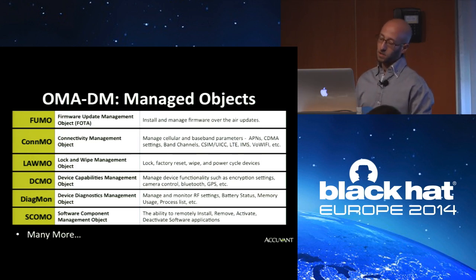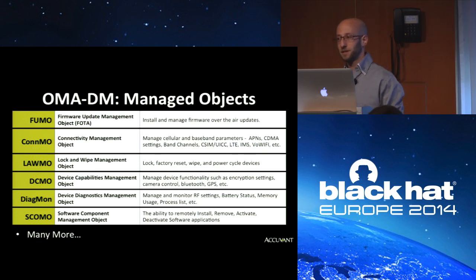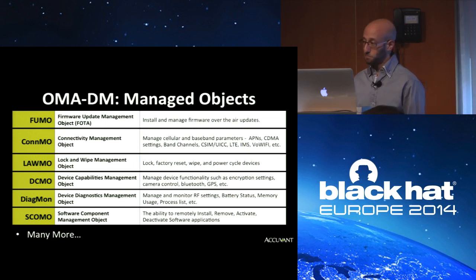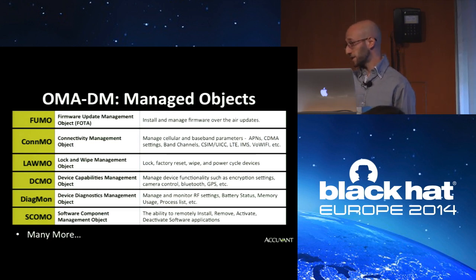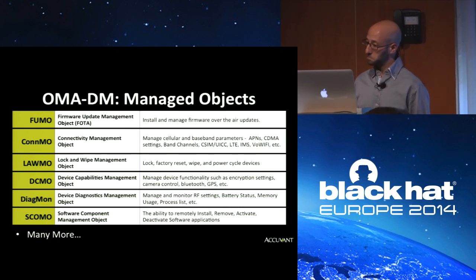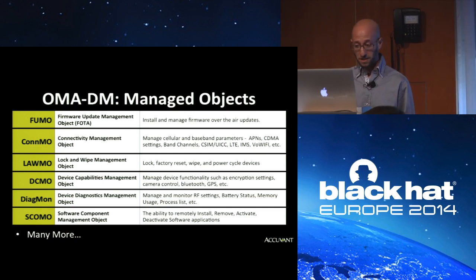You can enable or disable the ability to encrypt your device, the ability to use your GPS, the ability to use Bluetooth, or turn it on in some cases. Diagnostics management is another interesting one. Find out what the different RF settings are, battery status, memory usage, running processes list, and more.